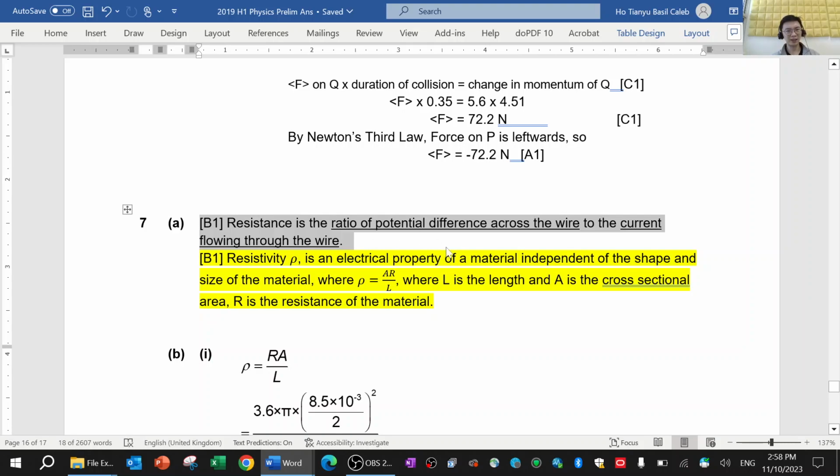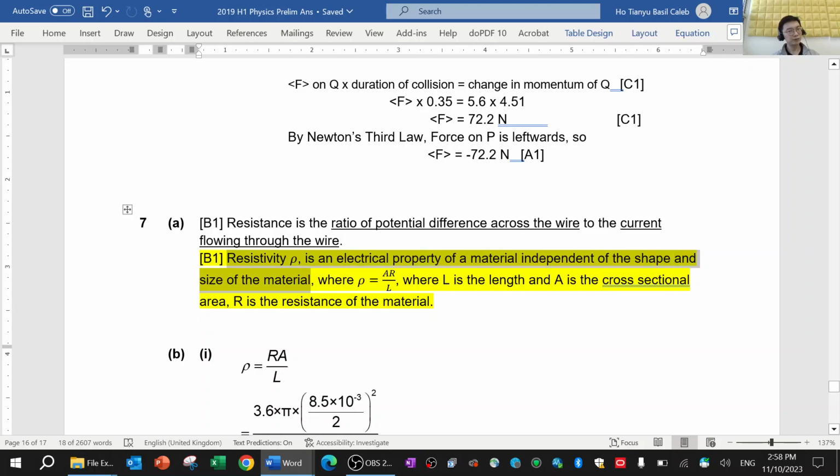So 7 part A asks you to distinguish between resistance and resistivity. Here I also improve the solution from TMJC. Resistance, I think we have no issue. Our schools are congruent; we state it and define it in the same way. It is the ratio of potential difference across the wire to the current flowing through the wire.